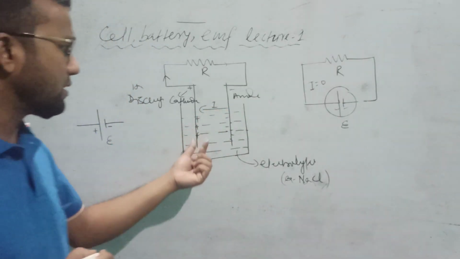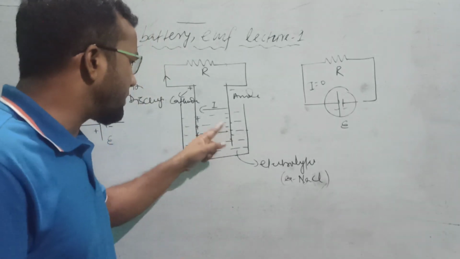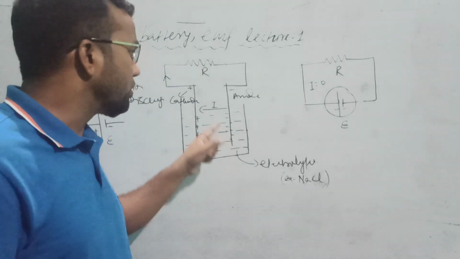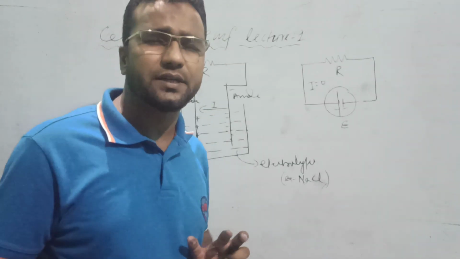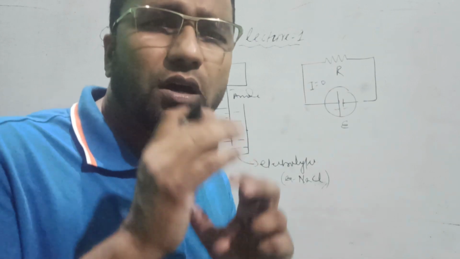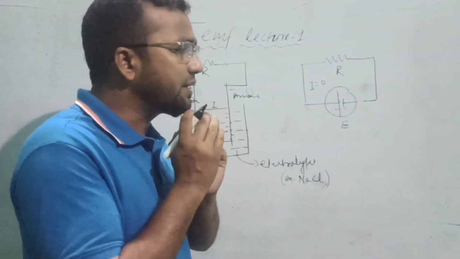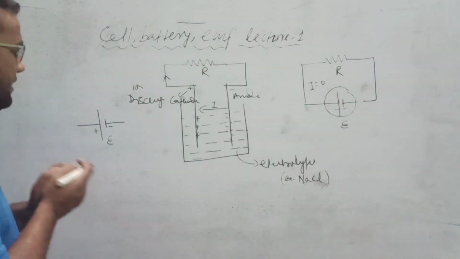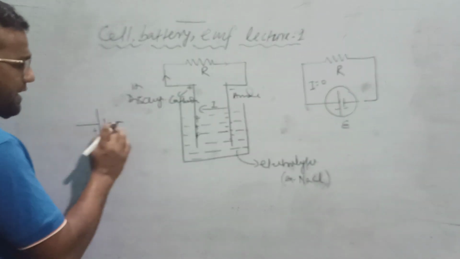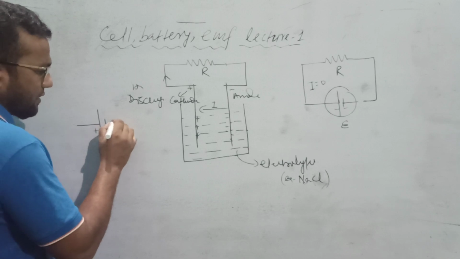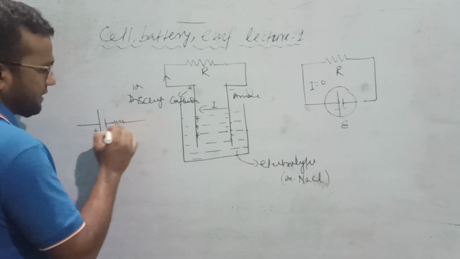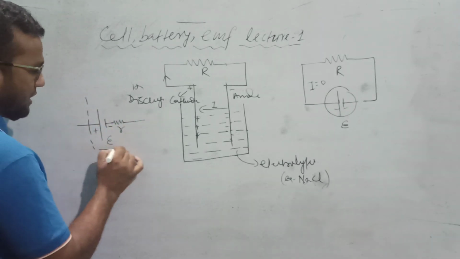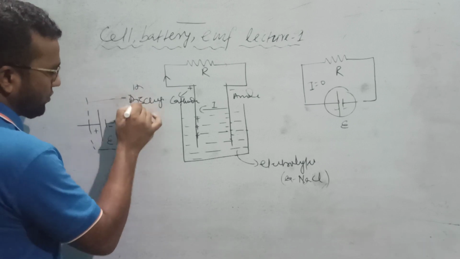During this, some hindrance is offered by the electrolyte to the flow of current, and such hindrance is known as internal resistance. This internal resistance is denoted like this.